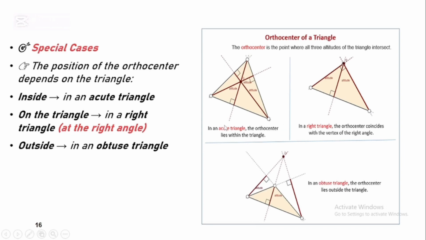Let's take this acute triangle. Look, the orthocenter, the point of intersection of all heights, is inside the triangle. But in this right triangle, the orthocenter is on the vertex, exactly on the right angle. And in an obtuse triangle, the orthocenter will be outside the triangle.